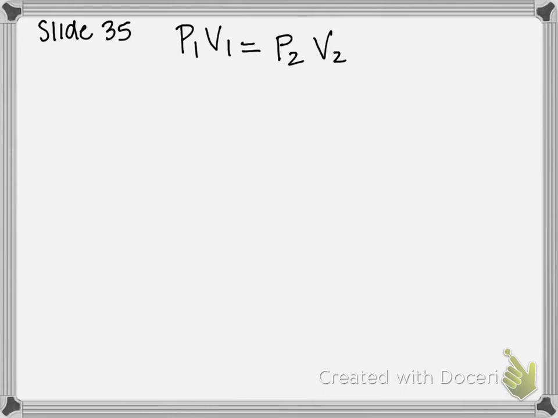So that 12 liters happens to be our V1 because remember units of volume are in liters. Our P1 is that 3,800 millimeters of mercury. Millimeters of mercury is a unit for pressure.